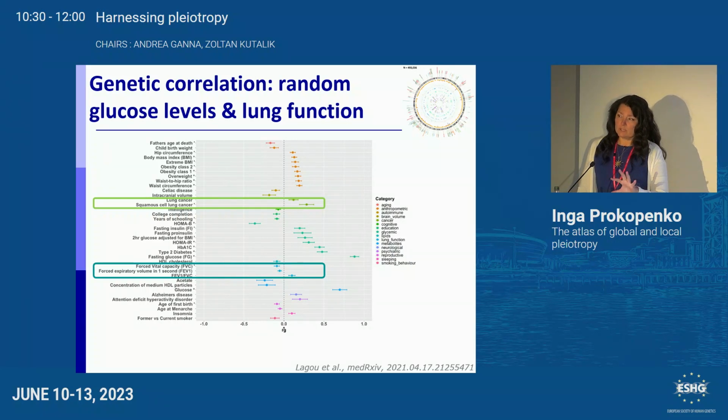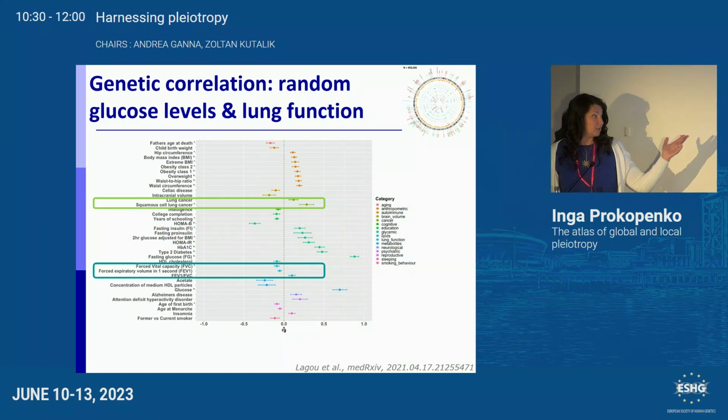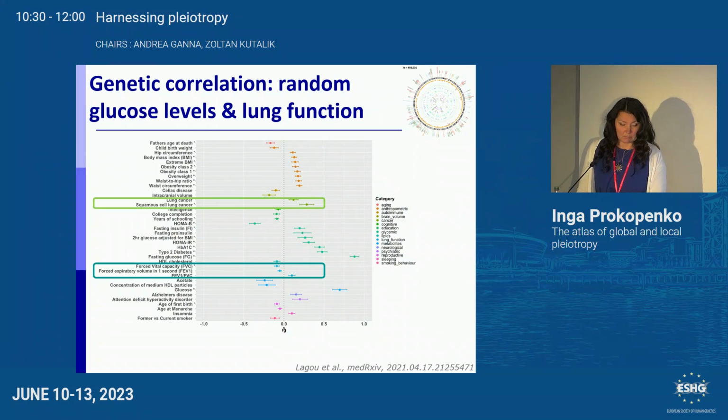So I'm not going into Mendelian randomization of this, but we indeed have seen an inverse effect in the follow-up analysis through MR between random glucose and lung function traits.